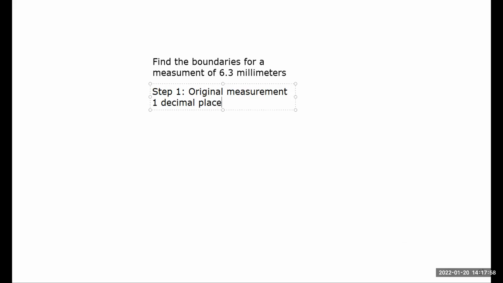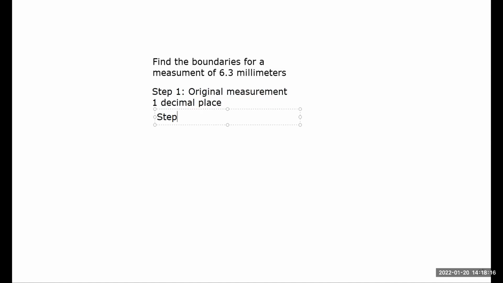We're talking about one place after the decimal here. The 3 is after the decimal, one decimal place. Step 2 is to figure out how many places the boundary needs. It needs one more than the original.